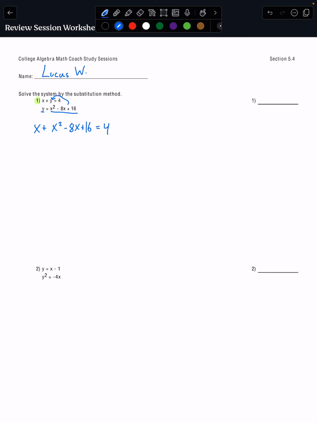Now we want to solve for x, so we'll simplify the common x pieces. Subtract 4 from both sides.